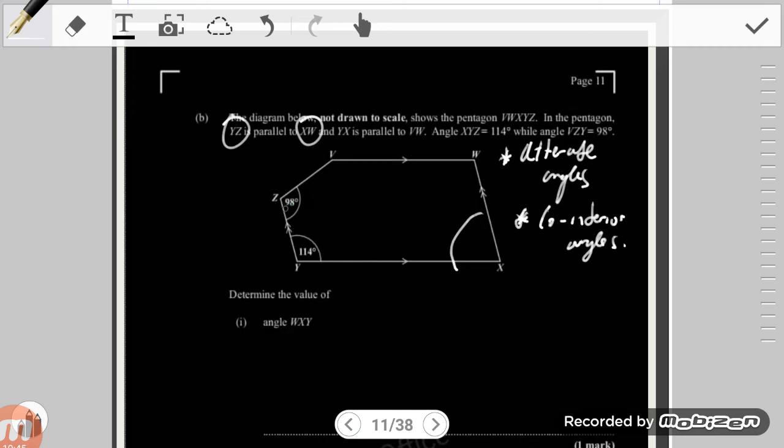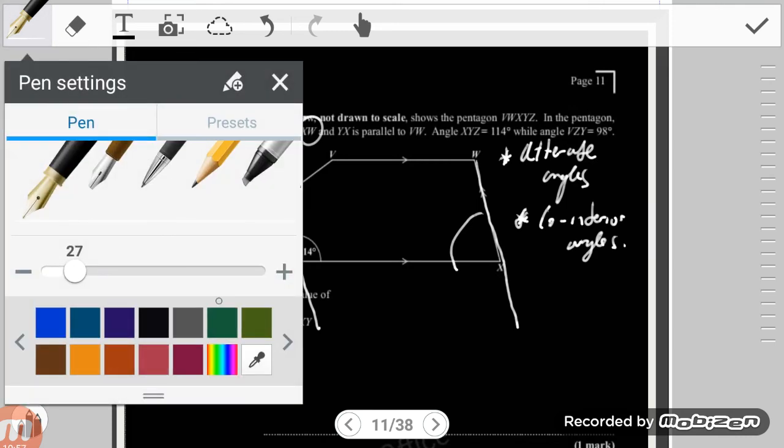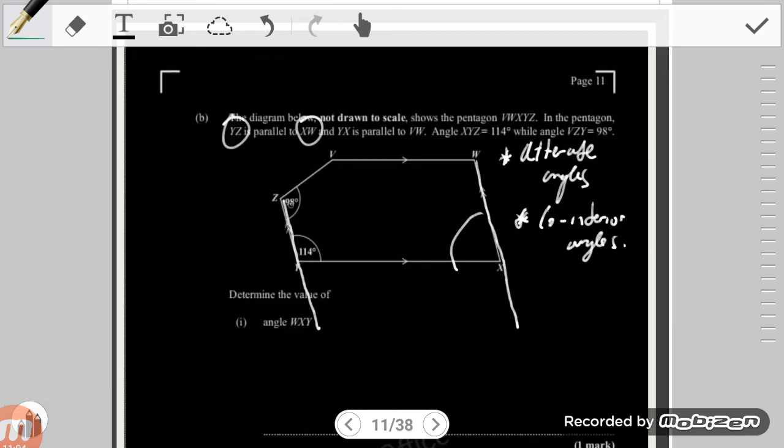If I were to extend YZ this way and extend WX that way, I could create another alternate angle here. Let's look at this alternate angle. It is this, this, and this. So I know right away that this angle here is equal to this angle on the outside here, which is 114.